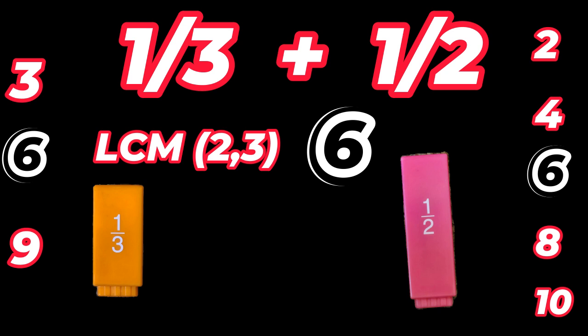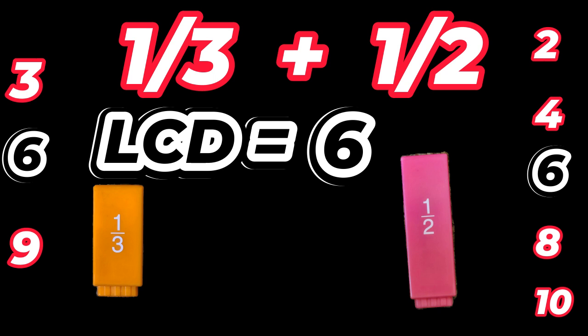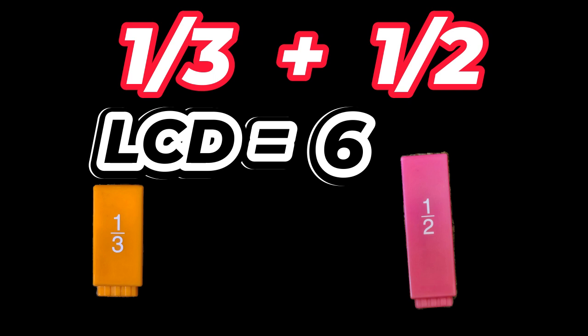So now, this 6 becomes the LCD, the lowest common denominator. Now that we found the LCD, we're going to find the equivalent fraction of 1/3 and 1/2 with the denominator as a 6.